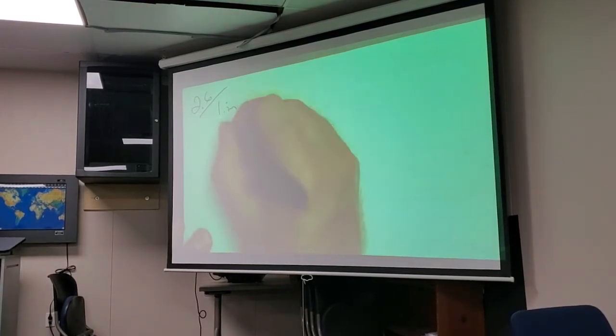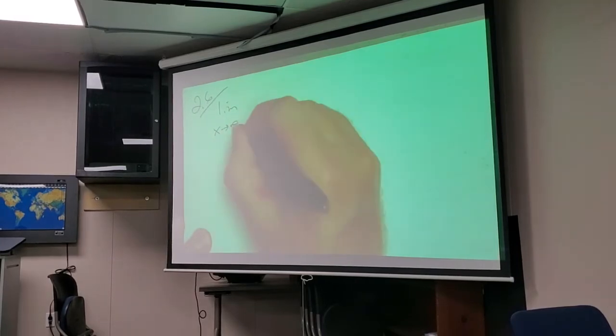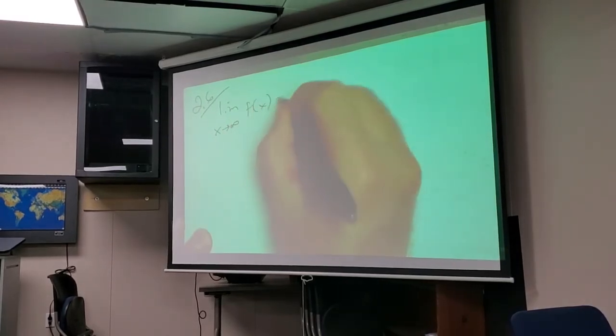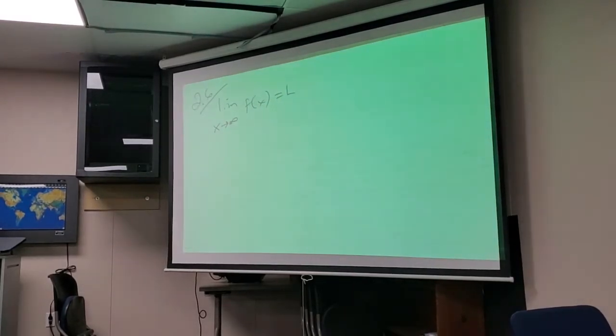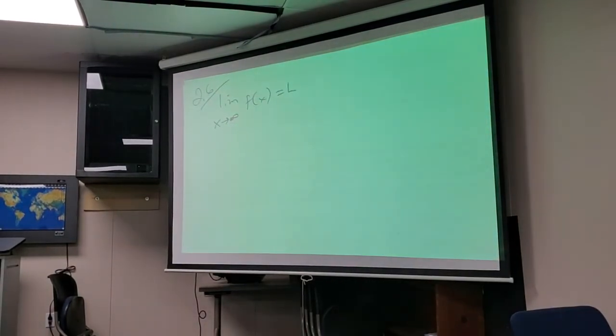Is this 2.6? 2.6. Okay. Can somebody attempt to tell me? I think you guys can see what I'm trying to make there. Can somebody attempt to tell me what that means?